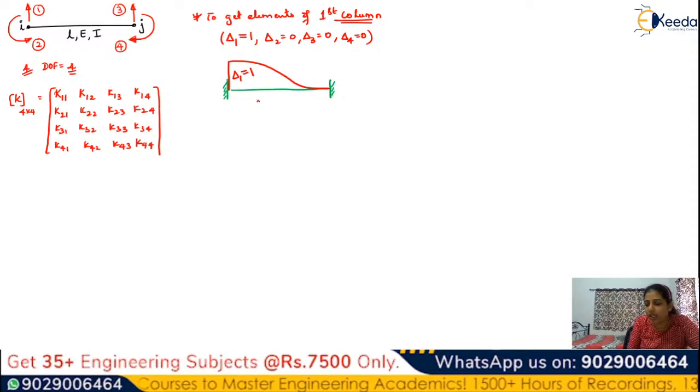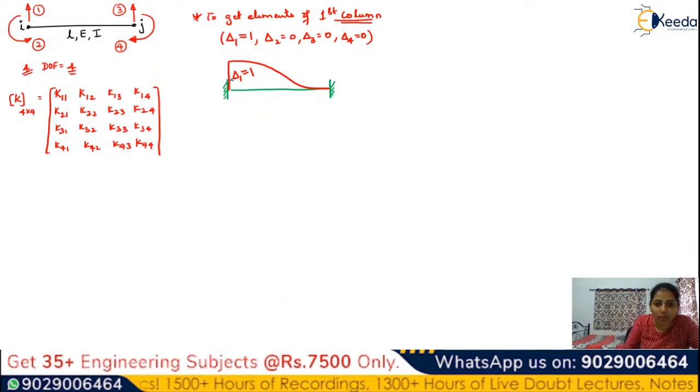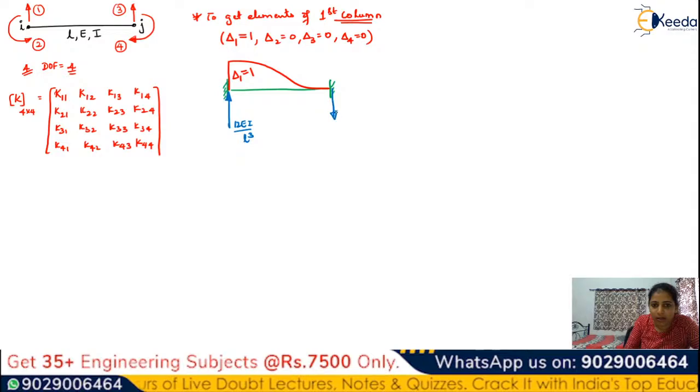When you are giving vertical displacement, what are the reactions developed? The standard values we have just now seen: 12EI by L cube. See here the beam is lifting up, so this should be upward like this, 12EI by L cube. And here the beam should be at this position, so it should be lifted down, 12EI by L cube. And what will be the moment developed? 6EI by L square.